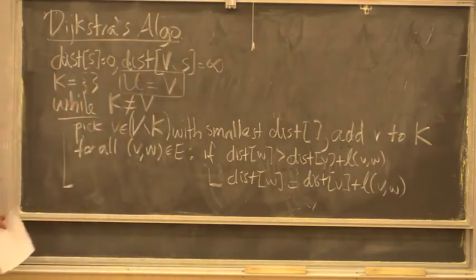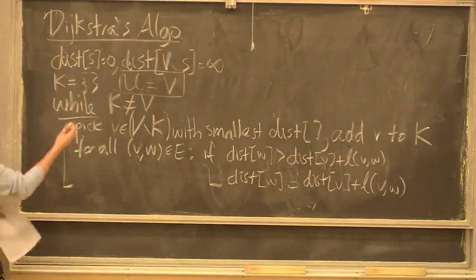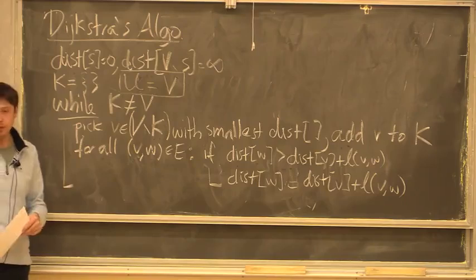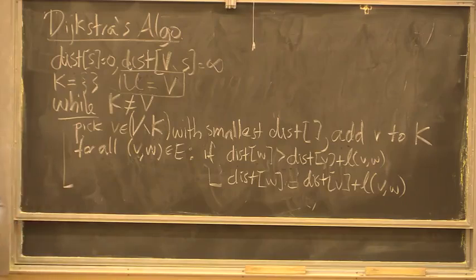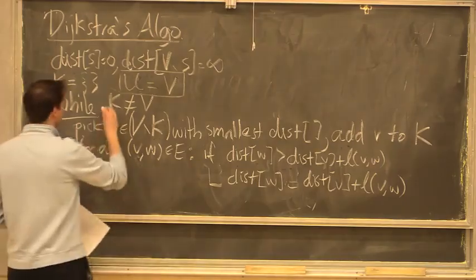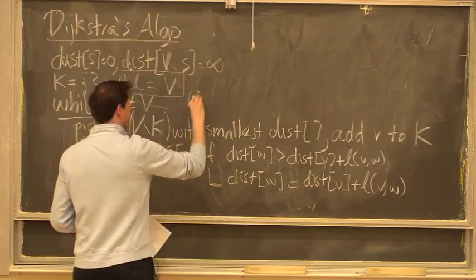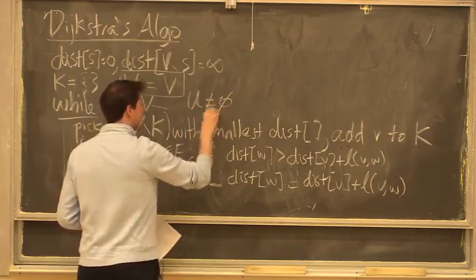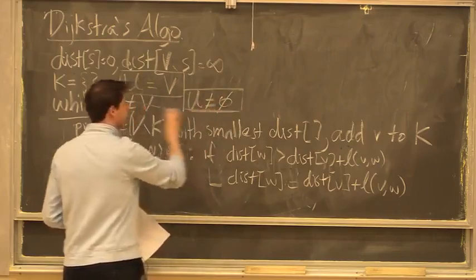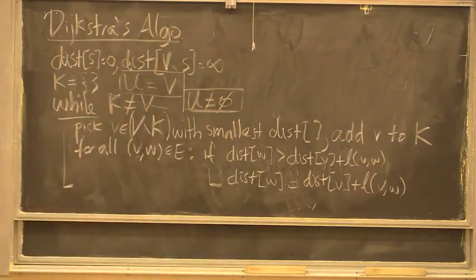So that's one change. Now my while loop, instead of stopping when my known region is everything, will stop when my unknown region is nothing. So I'm going to cross this out, and I replace it by saying U not equal to empty set.